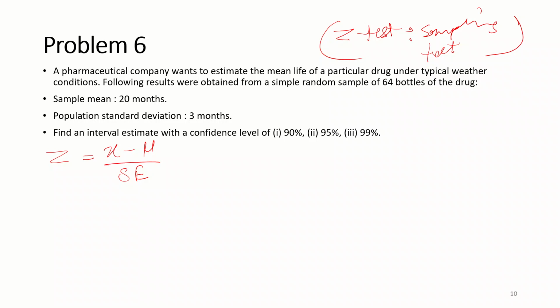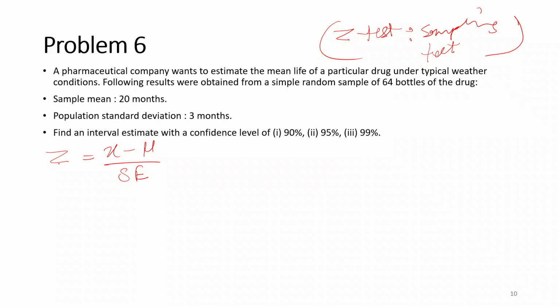The formula is the sample mean plus or minus z times the population standard deviation divided by the square root of the number of samples. So maybe we can start here.